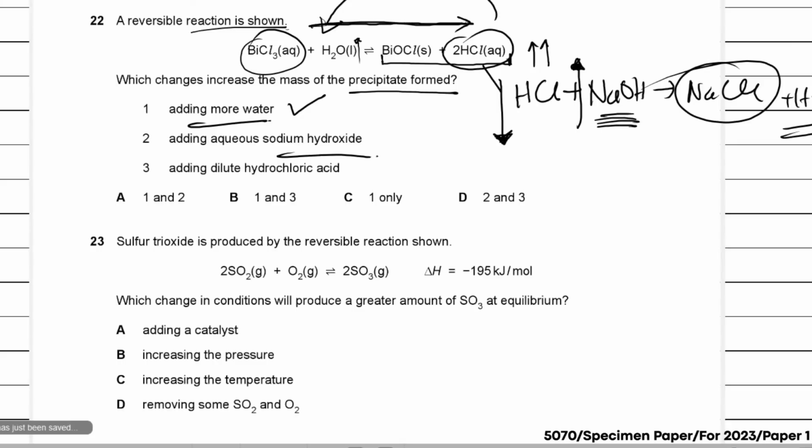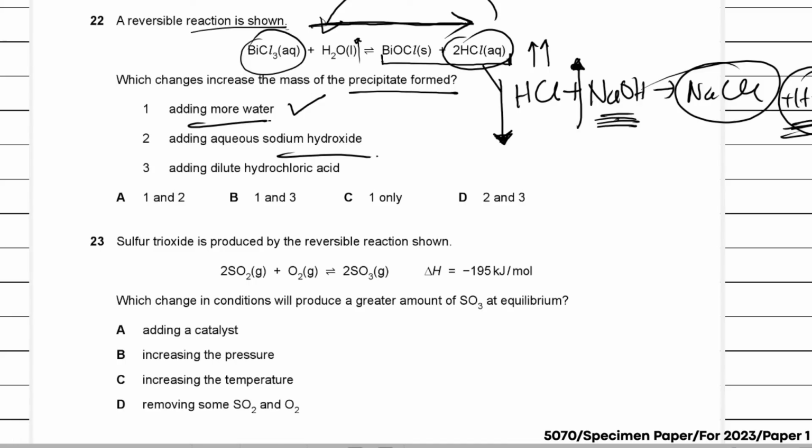So again, the equation will go forward. It's going to favor the forward reaction since we can also see water is increased. If you add sodium hydroxide, one of the reasons is it's a reactant and it's going to increase the products if you add more of the reactant. The second reason is, water is formed when you add sodium hydroxide, and that's going to increase the concentration of water.